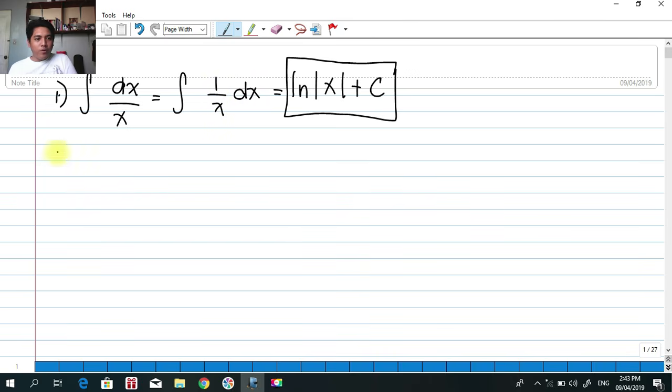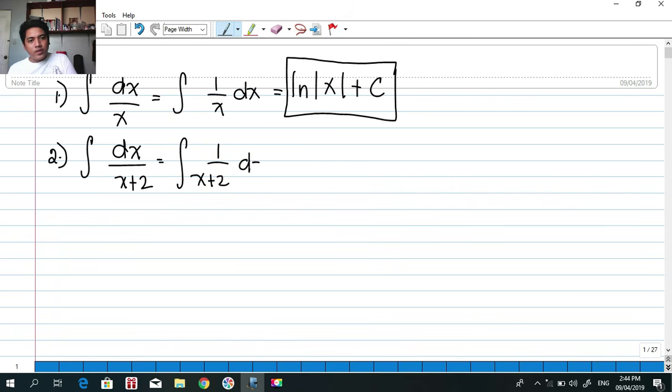For number 2, we have to get the integral of, again, dx over x plus 2. We can rewrite this integral as 1 over x plus 2 dx. The integral of this should be ln of the absolute value of x plus 2 plus c.